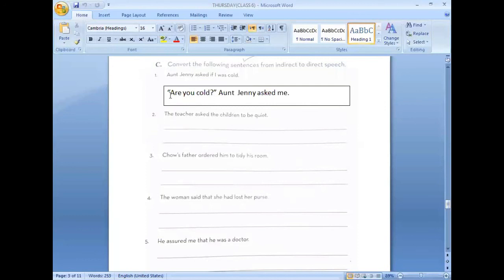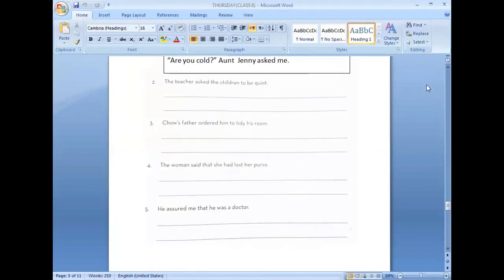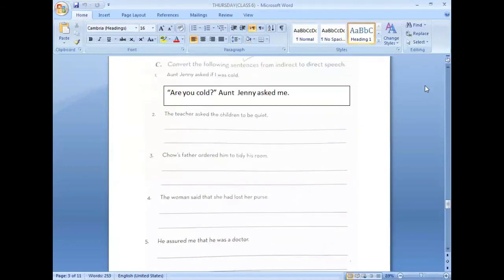Inverted commas open: Are you cold? Question mark. Inverted commas close. Aunt Jenny asked me. So this is how we are going to change from indirect to direct speech. Is it clear? This is your home task. Kindly take the screenshot, and this is the activity book, workbook, page number 16. Okay, 17.